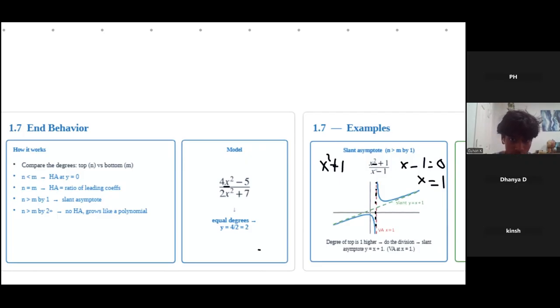So let's do the division by x minus 1. How do we approach this? First, we see how we can cancel this x squared, and to do that we have to subtract x squared. So what does x times what equal x squared? Well, x times x equals x squared.